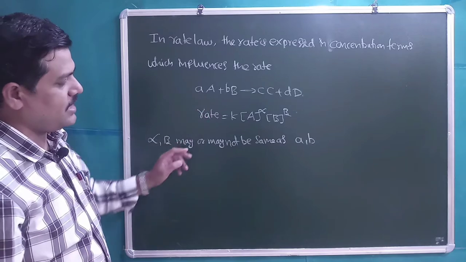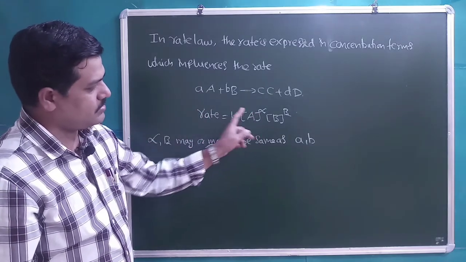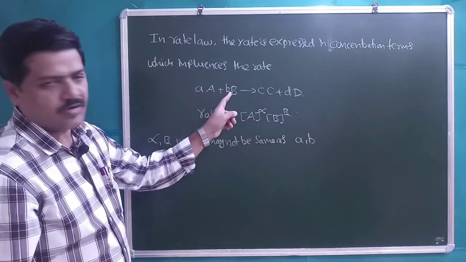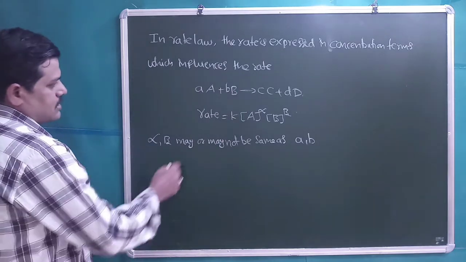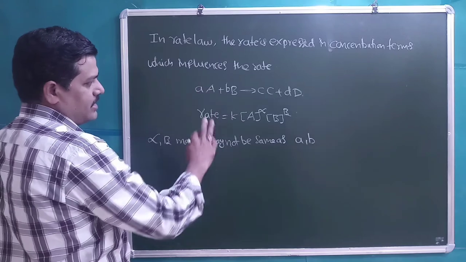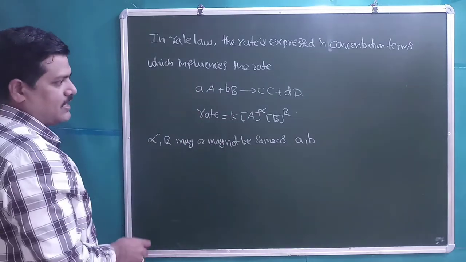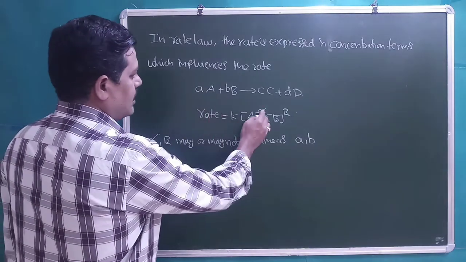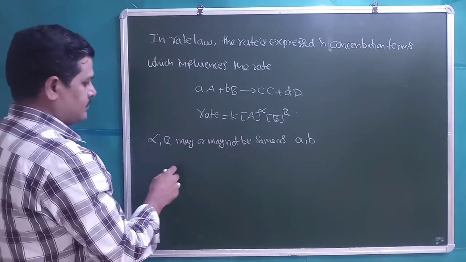For an elementary reaction, the powers of the concentration terms in the rate law expression are the same as the stoichiometric coefficients in the given equation. So in some cases alpha and beta are the same as a and b. In some reactions which are not elementary, that is complex reactions, alpha and beta are not the same as a and b.